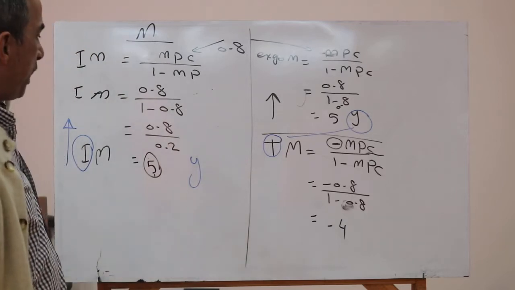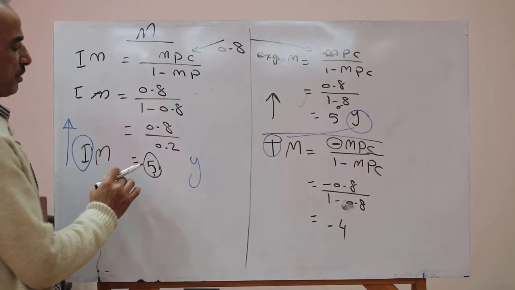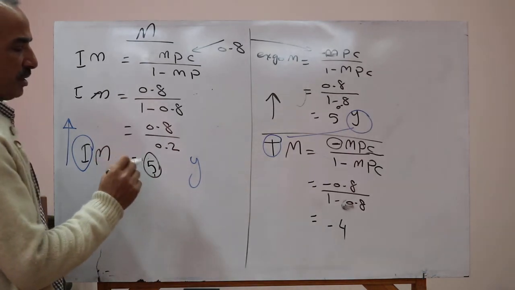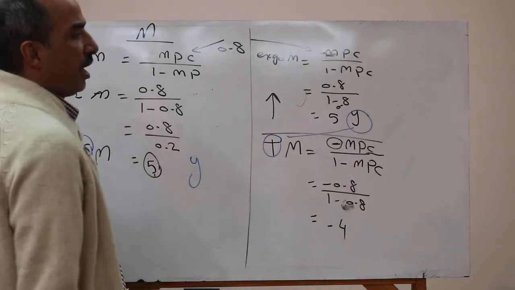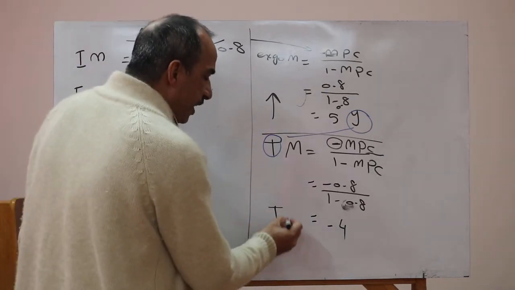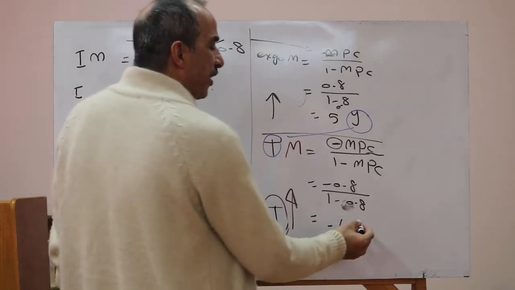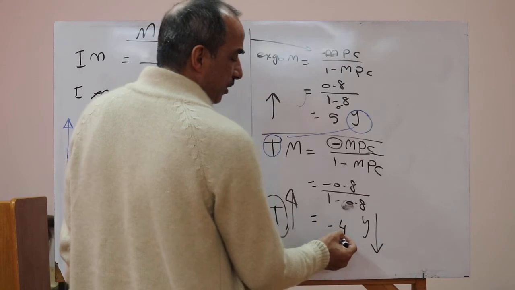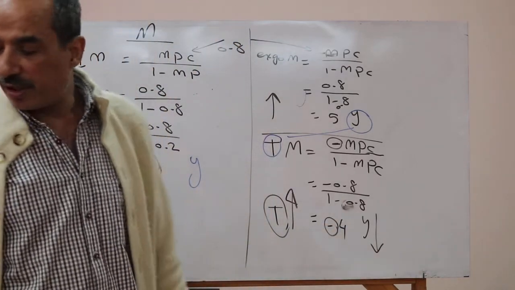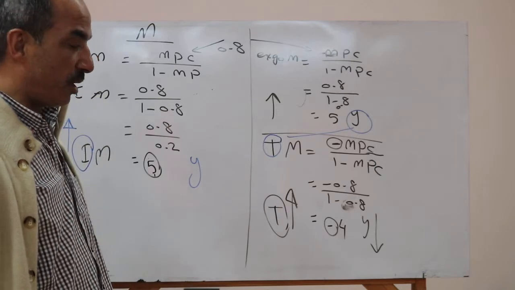This means that when we increase the taxes by 1 million, the national income decreases by $4 million. We have a negative relation.